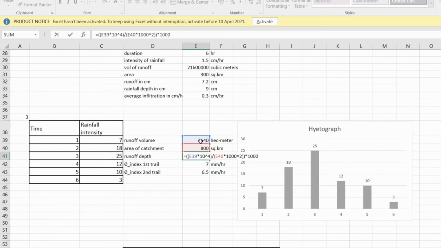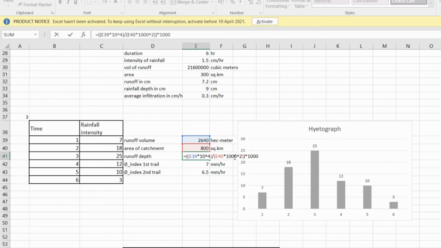When I multiply this cell, which is the 2640 value, by 10 raised to 4, it gives me the volume in terms of meter cube. So the numerator has been converted in terms of meter cube. Next, the denominator is in terms of square kilometer, right? So I have to multiply by 1000 square over here. This denominator value has been multiplied by 1000 square.